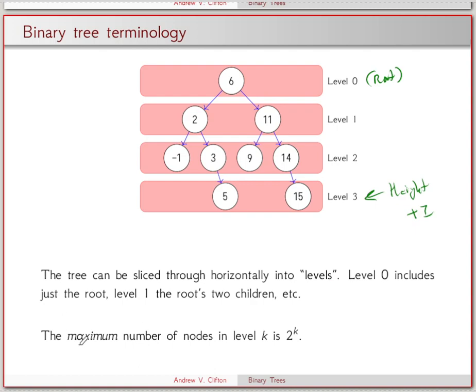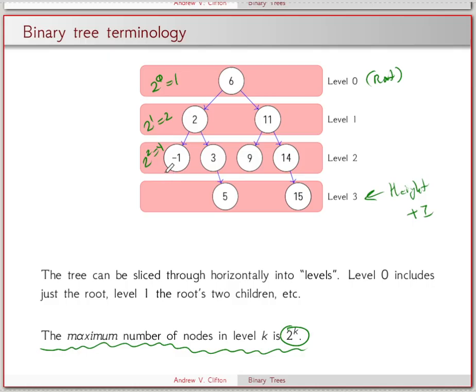A useful factoid to know is that at any particular level k, the maximum number of nodes that you could have is 2 to the kth power. At level 0, the max number of nodes is 2 to the 0, which is 1, right? There can only be 1 node at the root. Below it, it has 2 children, so there could be 2 to the 1, 2 nodes. Below that, there could be 2 squared, 4 nodes.